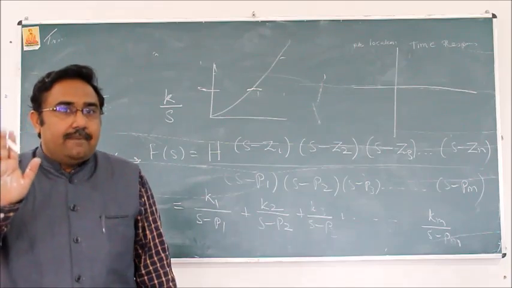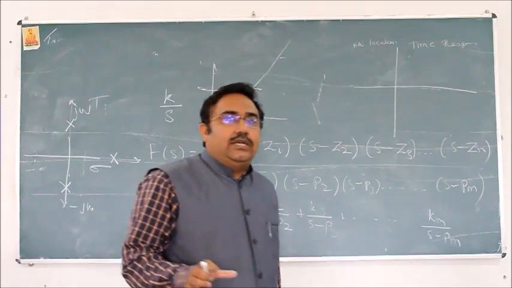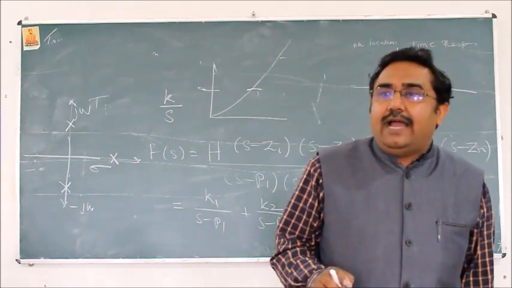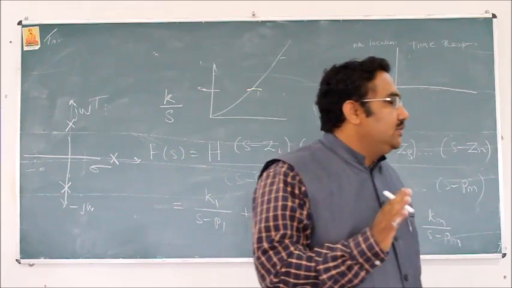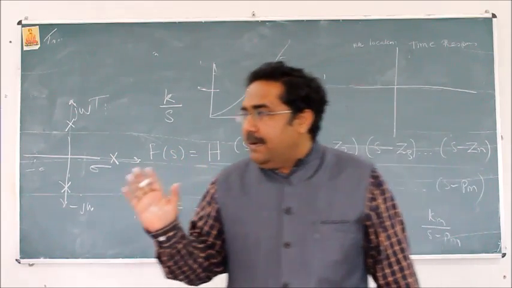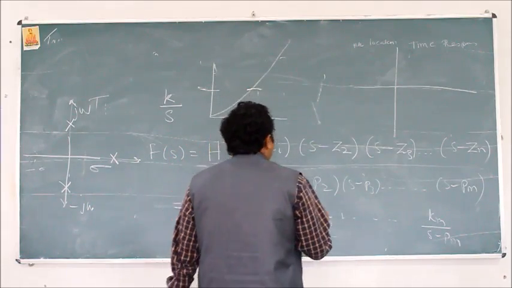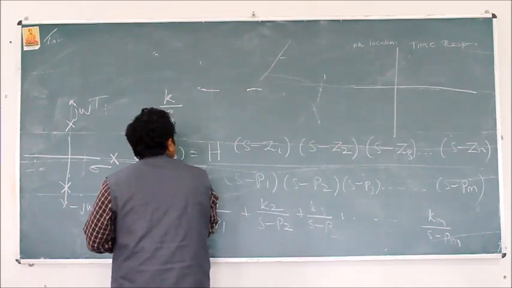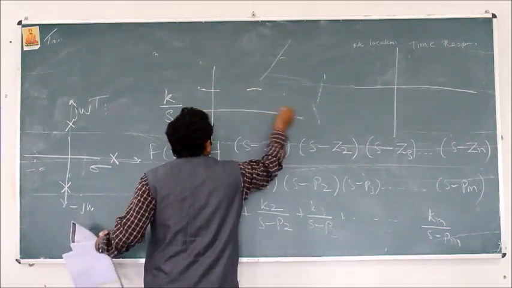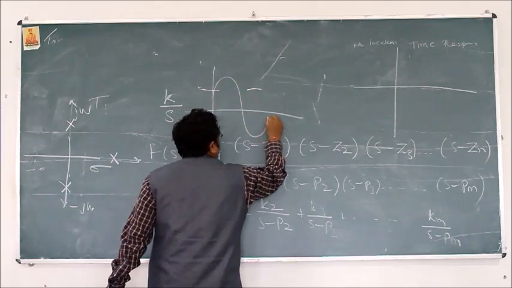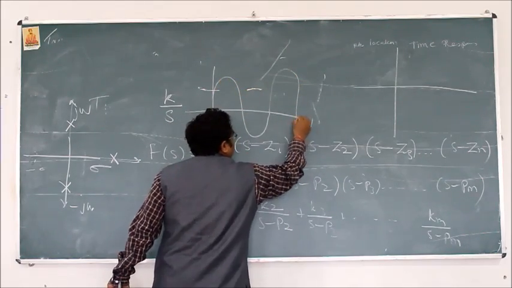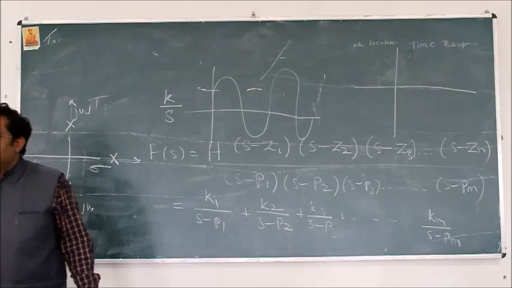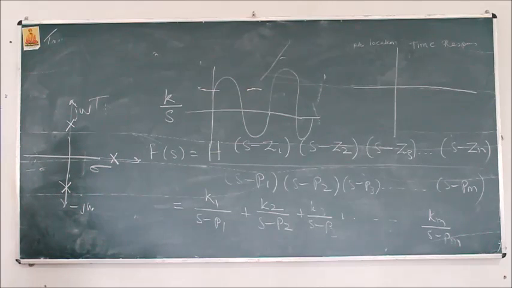Do you agree or not? It means if poles are lying on the imaginary axis, you will have an oscillatory sinusoidal response. You got my point or not? So what will be the response? Like this, of constant amplitude and frequency. Everybody agrees?